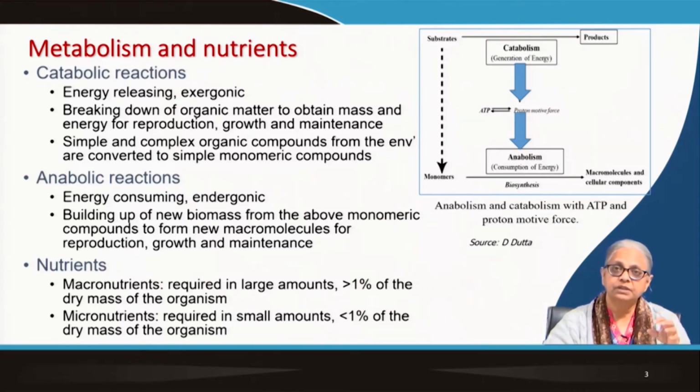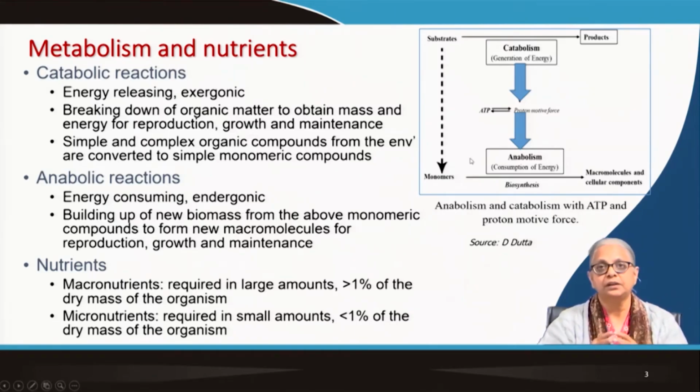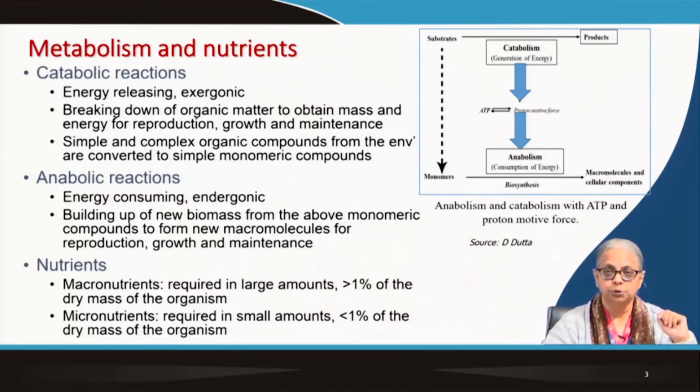That's why we say ATP is the cell's currency of energy. This energy that is released, in the case of prokaryotes, is first trapped in the form of proton motive force, which is then converted to ATP.